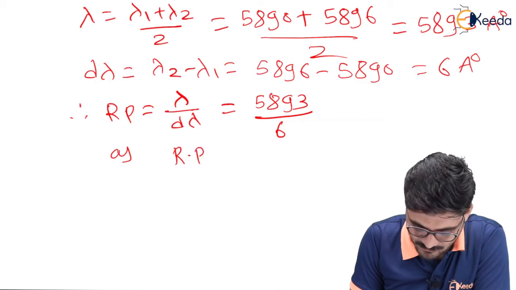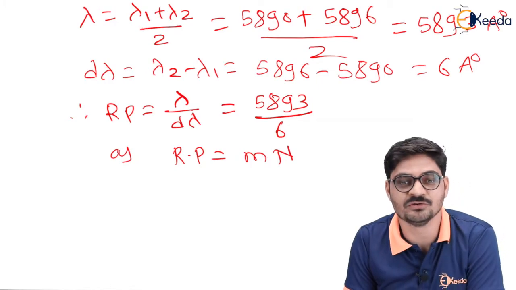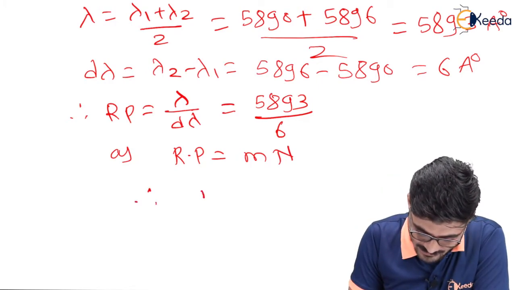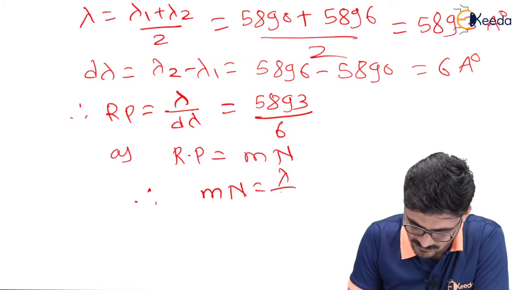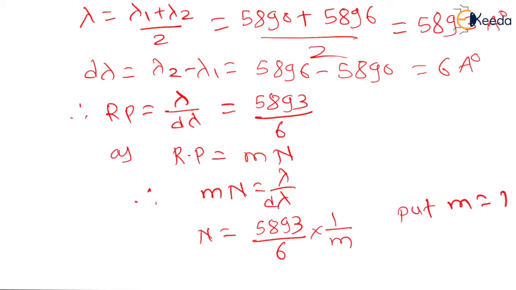As this Rp is also equal to the order of maxima into the number of lines on the grating, therefore m into n is lambda upon d lambda, and then n is equal to lambda upon d lambda, that is 5893 upon 6, into, as m goes to the RHS, 1 upon m. Put m equals the order given, the first order, so m is 1, so n will become 5893 upon 6 itself.